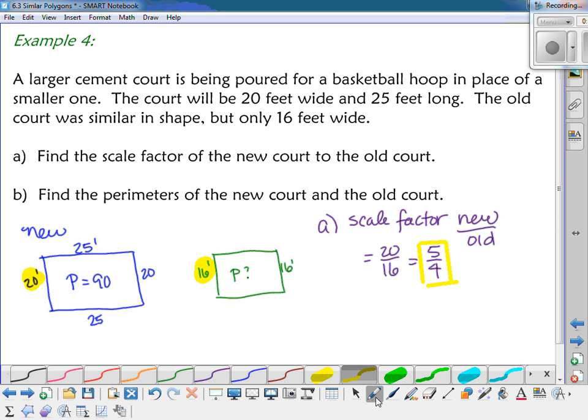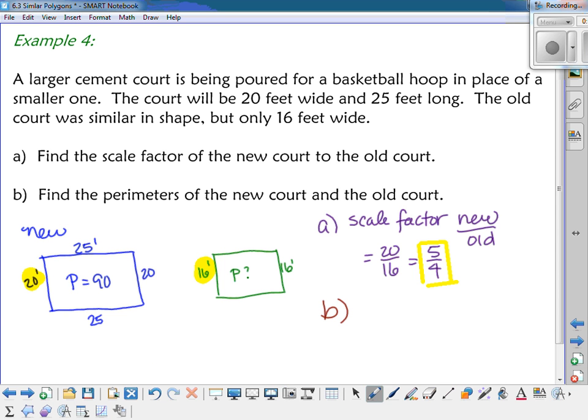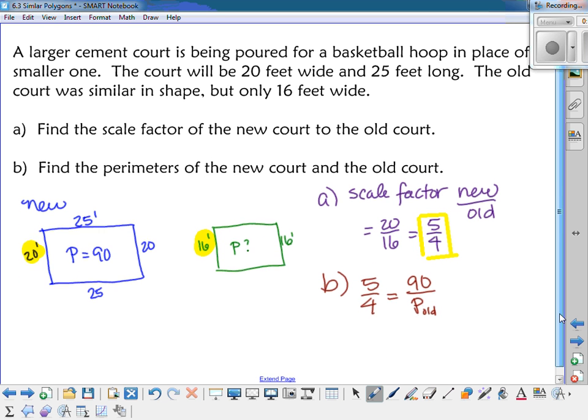Then for part B, to find the perimeter of the new court and the old court, well, I already found the one for the new court because we just added up the sides for that. But I can use that scale factor of 5 to 4, and it's going to equal the perimeter of the new one, which we said was 90, over the perimeter of the old court. And now I've got a proportion, I can just cross multiply.